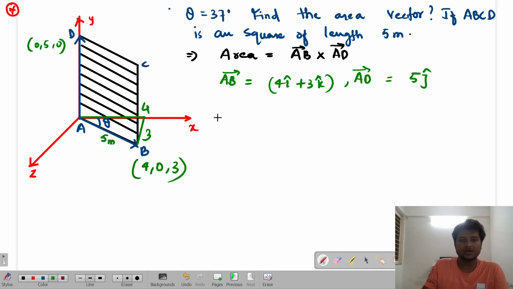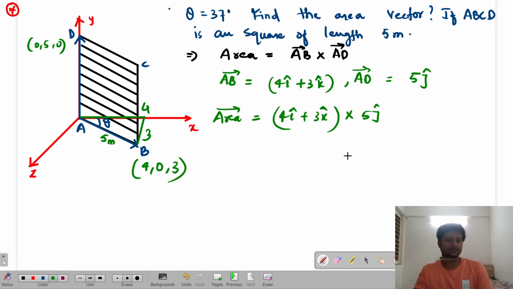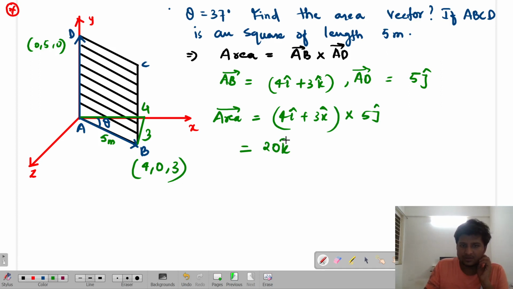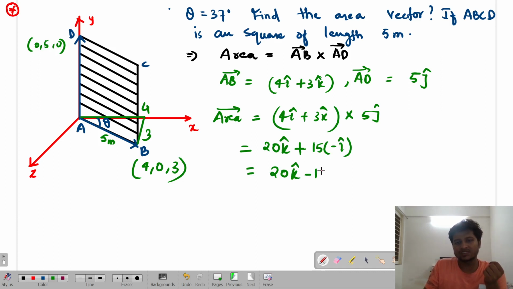So just take the area vector, which is 4i cap plus 3k cap cross 5j cap, isn't it? i cross j is k, so 20k cap, plus 3 k cross j is minus i. So the answer is 20k cap minus 15i cap. That's my area vector.